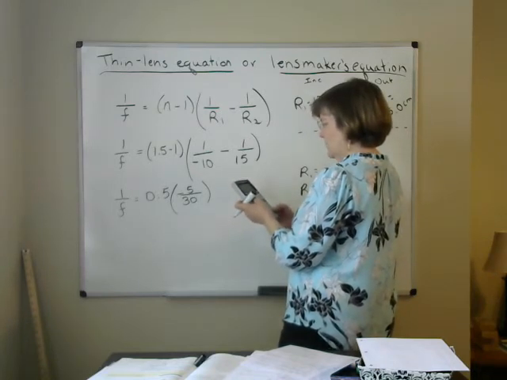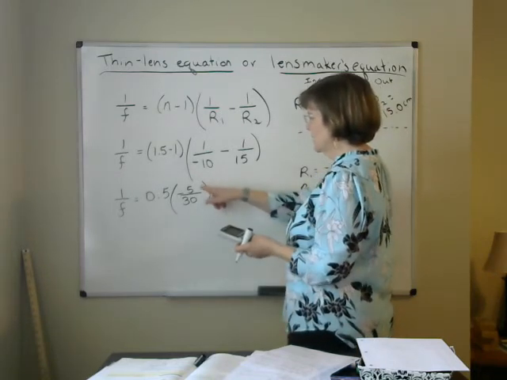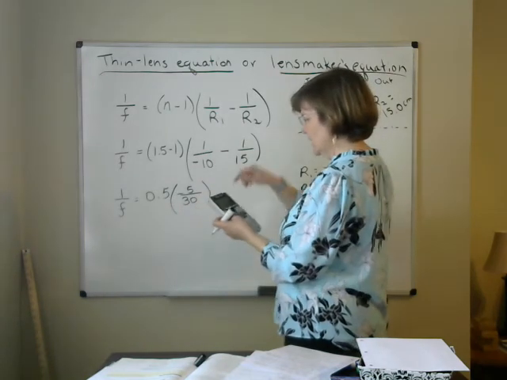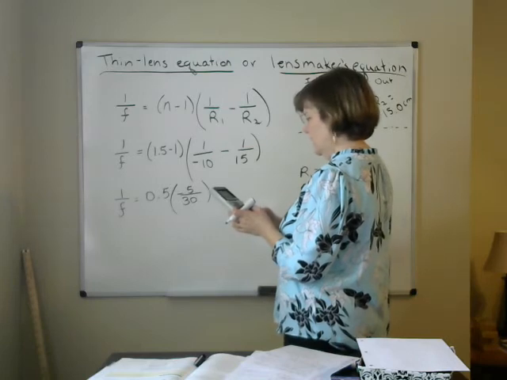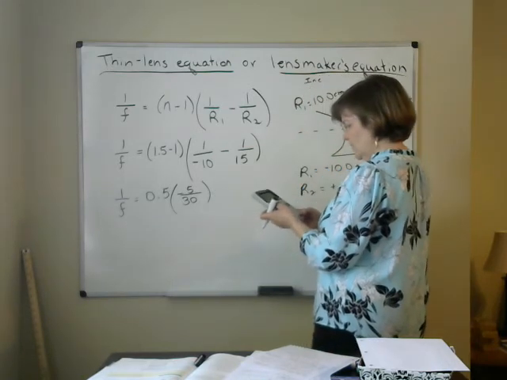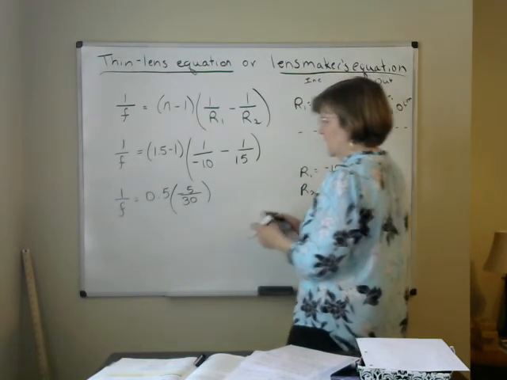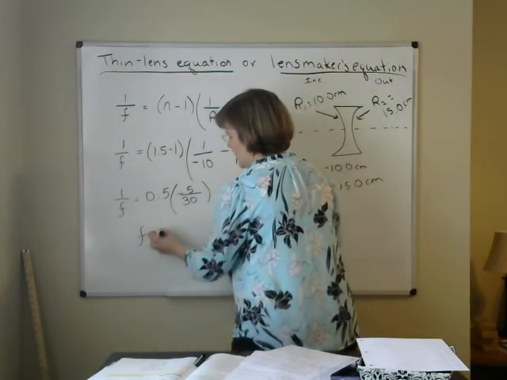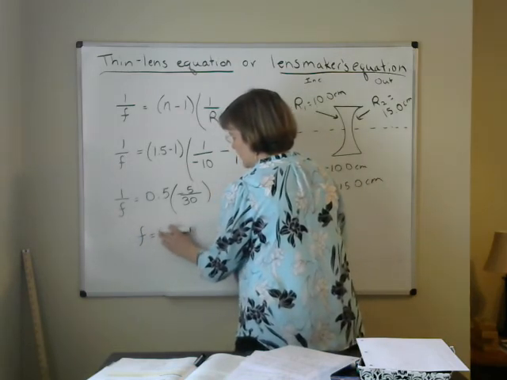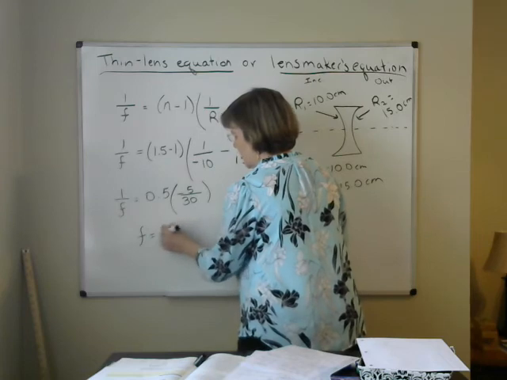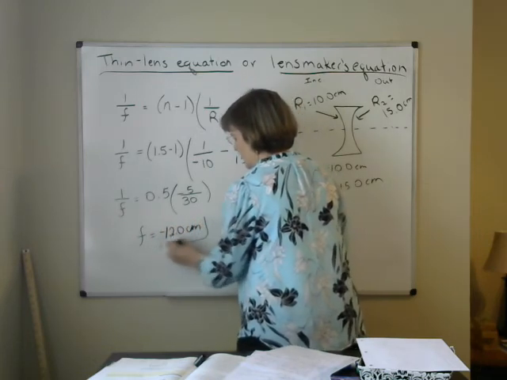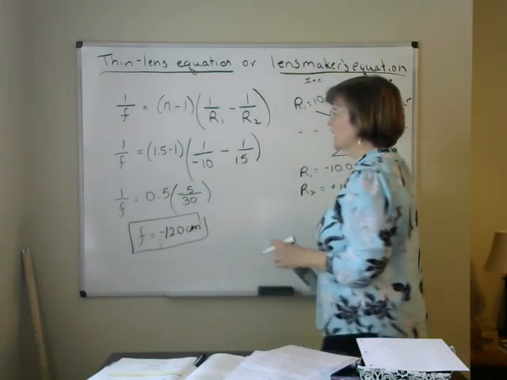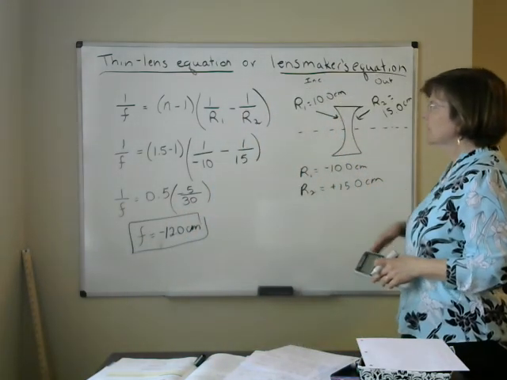Make that a fraction. That's negative 1/6. I could have reduced it. Negative 1/6 times 0.5. And then take the reciprocal. And f came out to be negative 12.0 centimeters. Okay? The formula is easy.